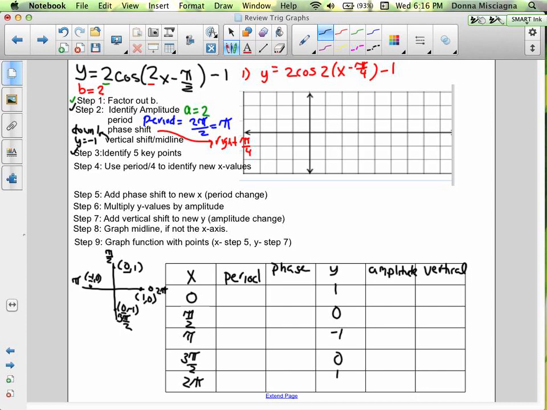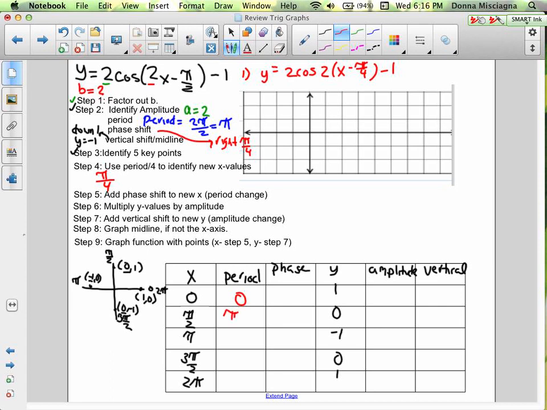Now that we've identified the 5 key points, let's use the period divided by 4 to find the new x values. The period is pi, so pi divided by 4 is pi fourths. We start at 0, always, and then we count by pi fourths.